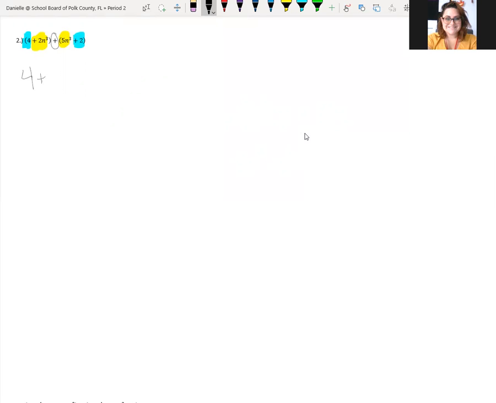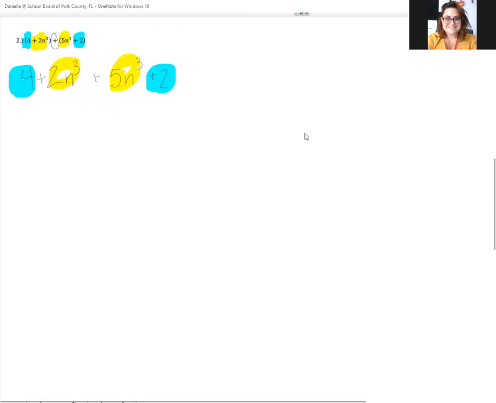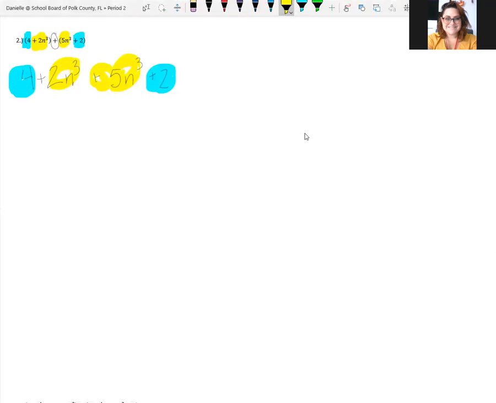So I would have 4 plus 2n to the third plus 5n to the third plus 2. Notice all I did was delete those parentheses. I'm going to re-highlight my like terms, the terms that are similar. I used blue. Make sure you also remember to take that sign that is in front. So this is +2 and this is +5.